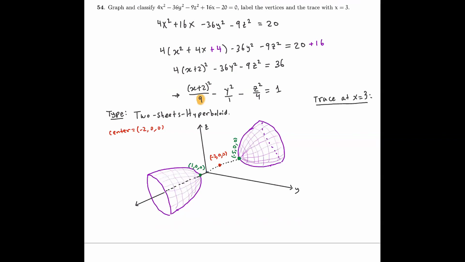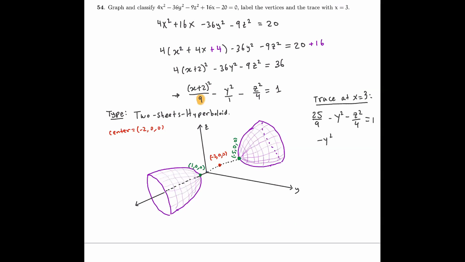So we get 5 squared is 25. So 25 over 9 minus y squared minus z squared over 4 equals 1. So what I did here is that I replaced the x value with 3, right? 3 plus 2 is 5. 5 squared is 25. 25 over 9. And then I can subtract 25 over 9 on both sides.